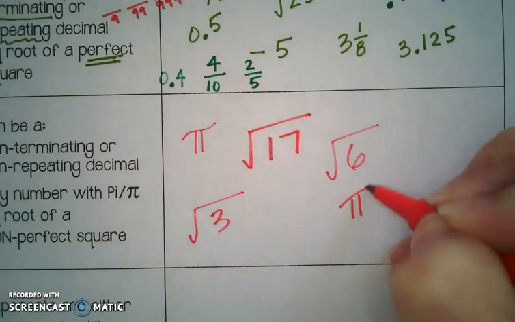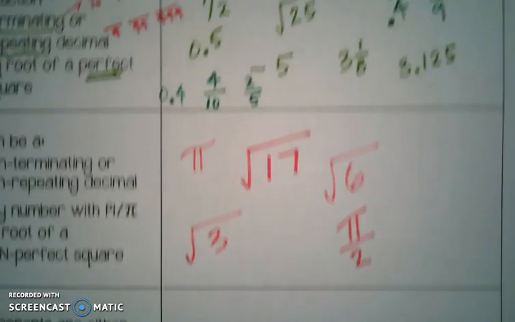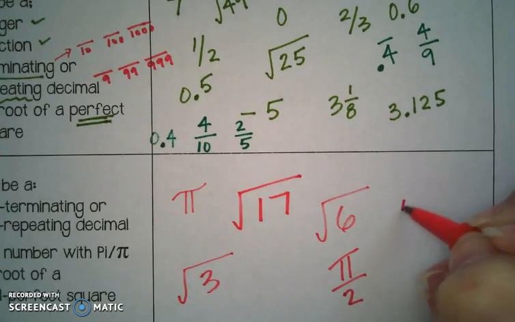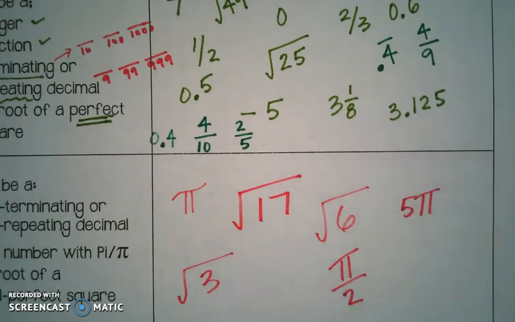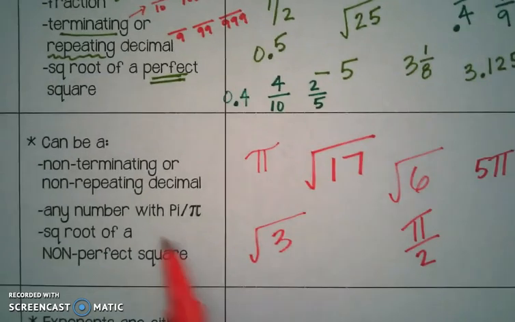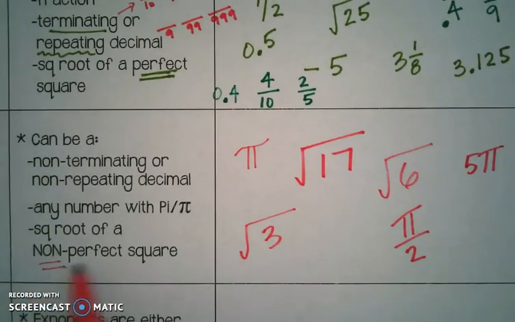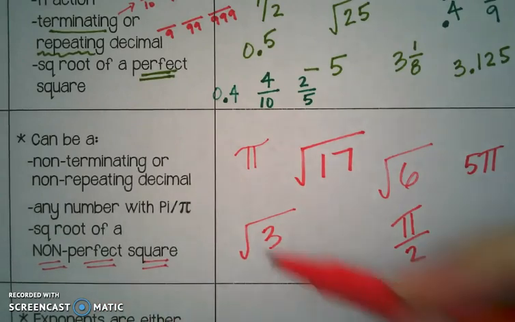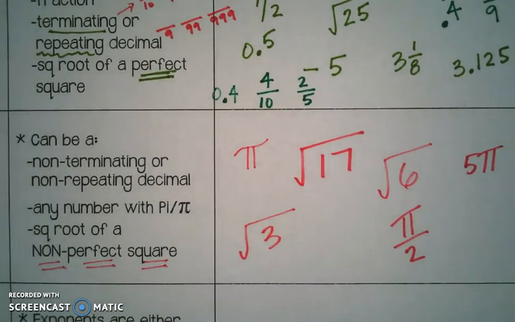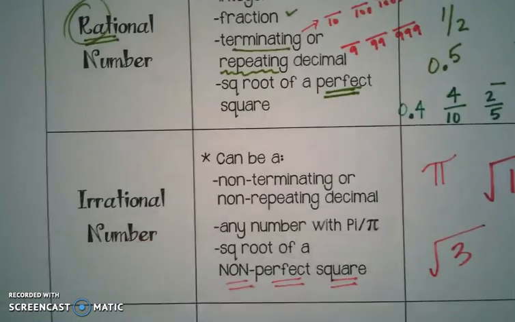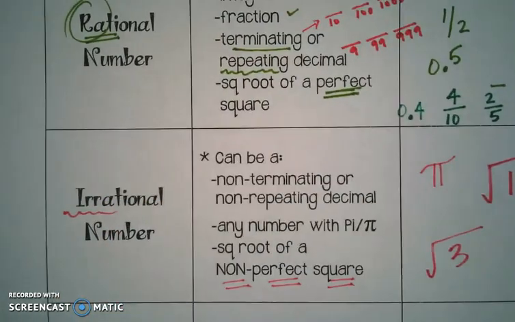We could have pi divided by 2. That would be fine. We could have 5 pi. That would be fine. But anything that has pi, along with anything that is a non-perfect square, if you're taking the square root of a non-perfect square, that's going to be irrational.